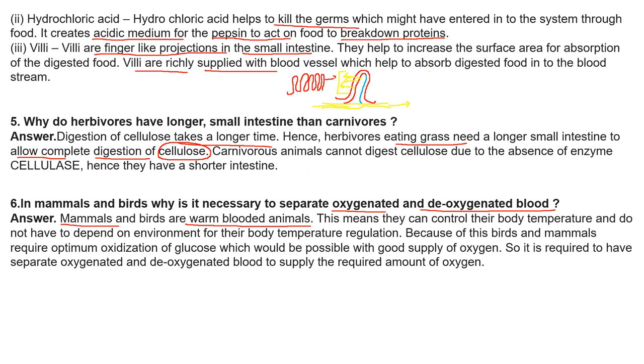Because of that, birds and animals require optimum oxidation of glucose. We need to break our glucose. We need a lot of energy to maintain our body temperature, and that is why our oxygenated and deoxygenated blood is separated. It flows in different blood vessels. They are not mixed together anywhere in our body.